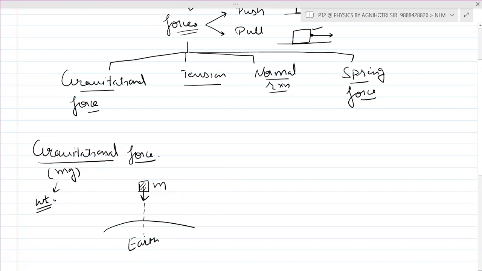No doubt we do have some other formula, G m1 m2 by r square, but right now we are not going to talk about massive bodies. We are going to talk about very small bodies as compared to that of the earth. This is going to be the mass m. So this will be the mg.